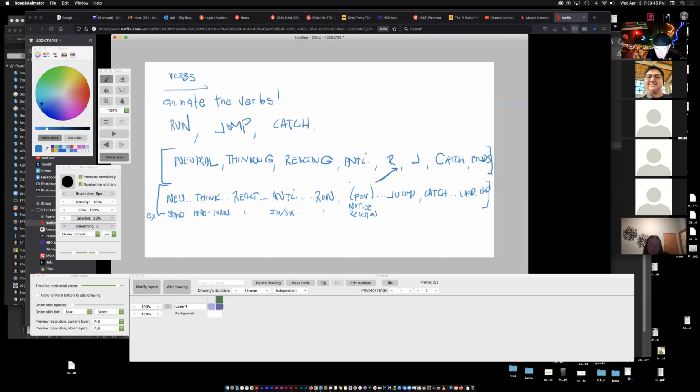So we'll bring the run down, and this is fine. And then the jump, we'll bring that down. In this case, I'm going to change it around a little bit and flip these. So he's going to run, jump, land, then catch. And then instead of ending, he's going to cheer. All right, so does this look okay to everybody?